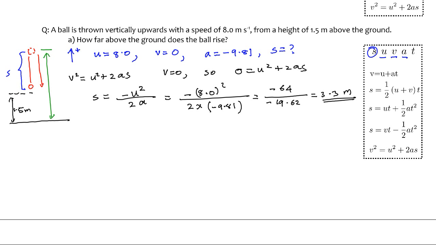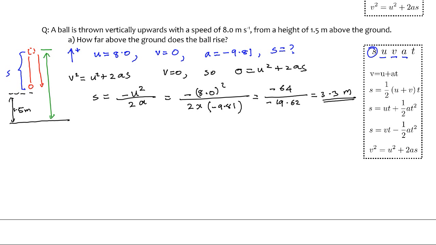So the ball rises 3.3 meters above the ground, because what I'm getting is this quantity here. This displacement is 3.3 meters. Sorry, it doesn't really rise 3.3 meters above the ground. It rises 3.3 meters from the point when it was released.